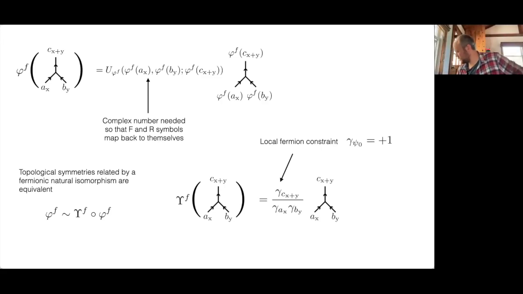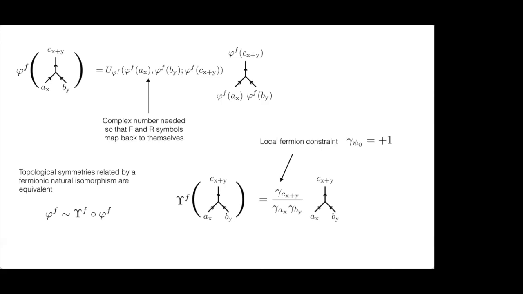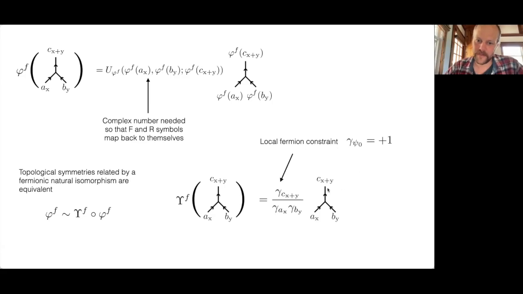Yes, I don't know if there are other definitions for this natural isomorphism, at least not that I'm aware of. What might look strange is this local fermion constraint. In the bosonic case, you don't have this constraint, and it doesn't look so unnatural. But if you were to, as we did at the beginning of this project, start computing things without this constraint, you'll find many inconsistencies.